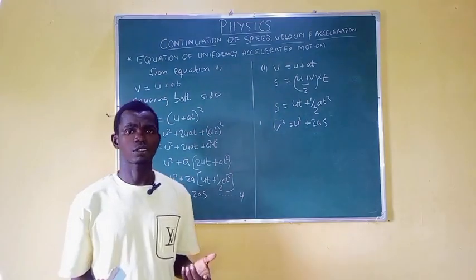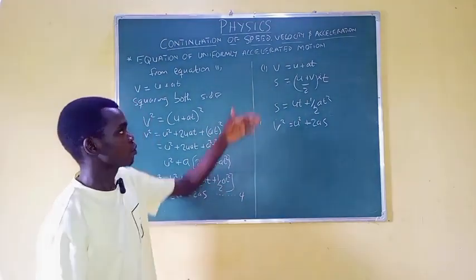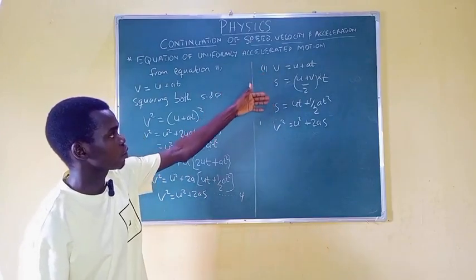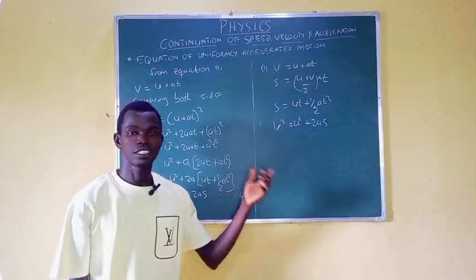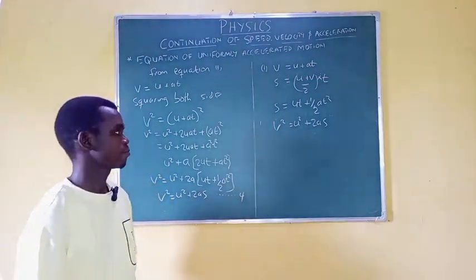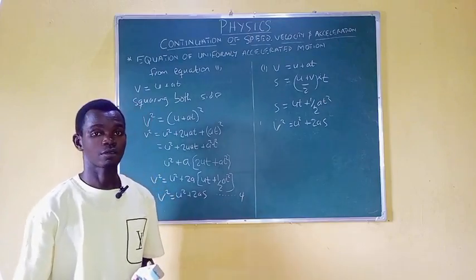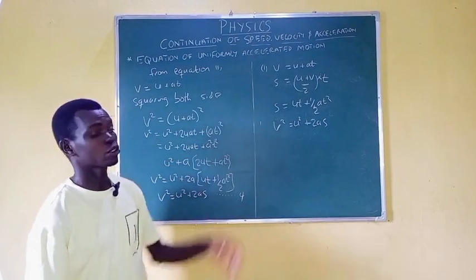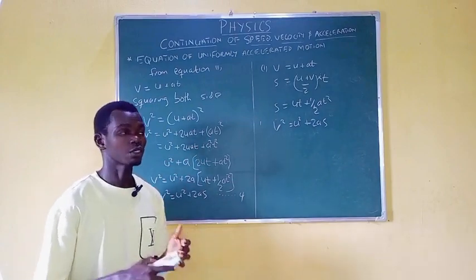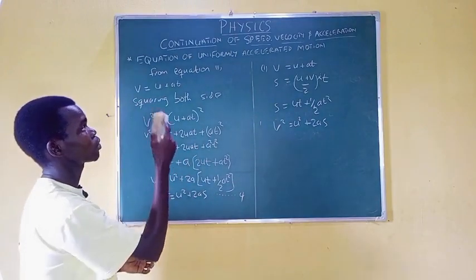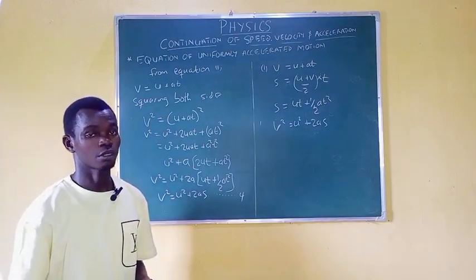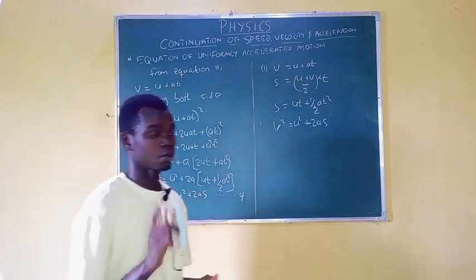When you know the derivation, these equations will be easy to remember. We'll also be using velocity-time graphs and these equations of motion to solve problems relating to uniformly accelerated motion. Let's go for question 1.